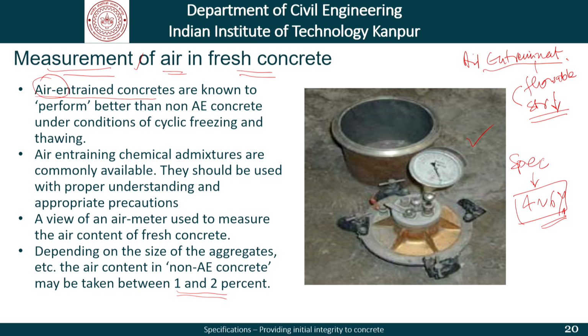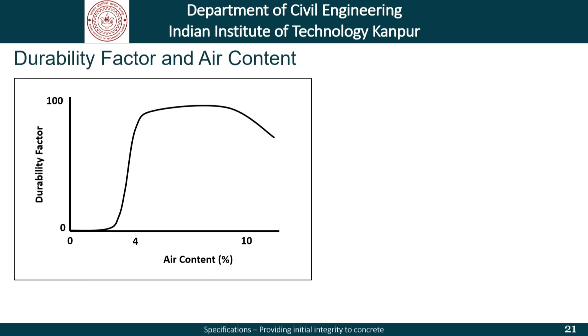As a related concept, we come to durability factor and air content. Now, if we change the air content in concrete and we try to plot what is called the durability factor, and what this durability factor is something which I am leaving it to you to do as a homework.